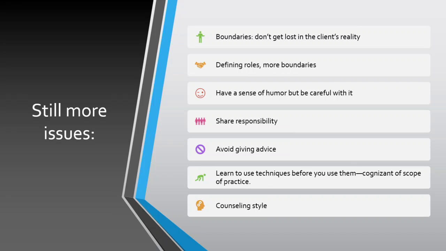Not that I don't care about them, but I do care about them, and I do wish them the best and hope they're doing well. But I have to set some boundaries for my health and for the health of my client. It's not healthy for either one of us to get over involved. And to do that, I have to define roles, and that creates more boundaries.